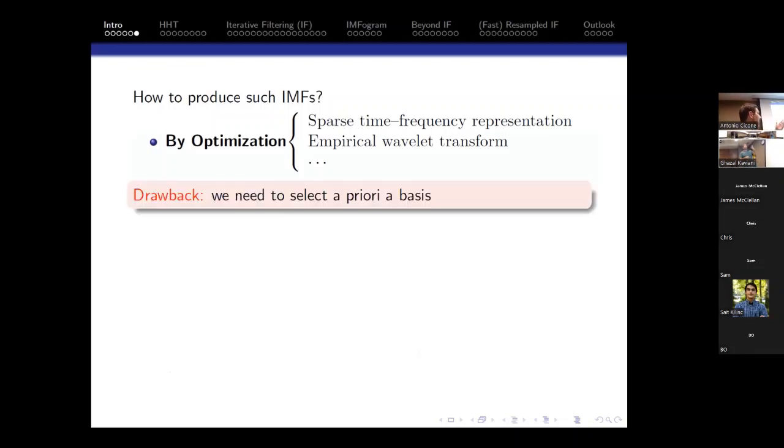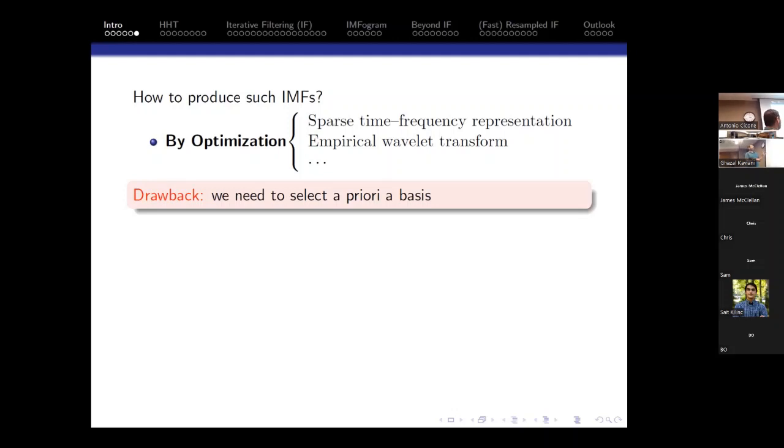And you have empirical wavelets, sparse time frequency representation, and many other techniques. Their limitation is that you need to select the right basis a priori and you have to optimize to find the best way to represent the signal on the basis.